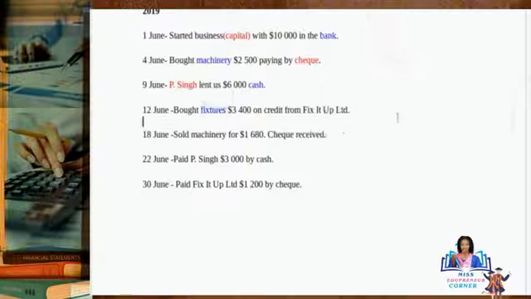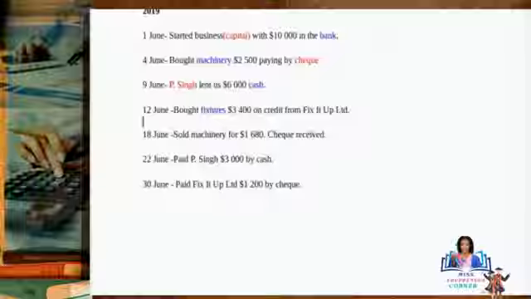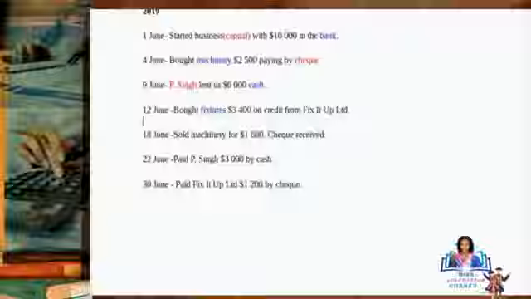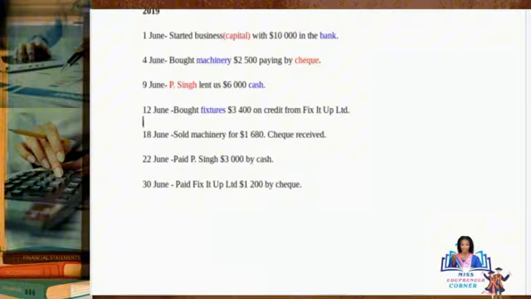And if Sandra bought these fixtures on credit from Fix It Up Limited, this is simply saying that Sandra owes Fix It Up Limited. And whatever the business owes, that's a liability. So right here, Sandra's liability will be increasing. So as liability increases, we have to credit.